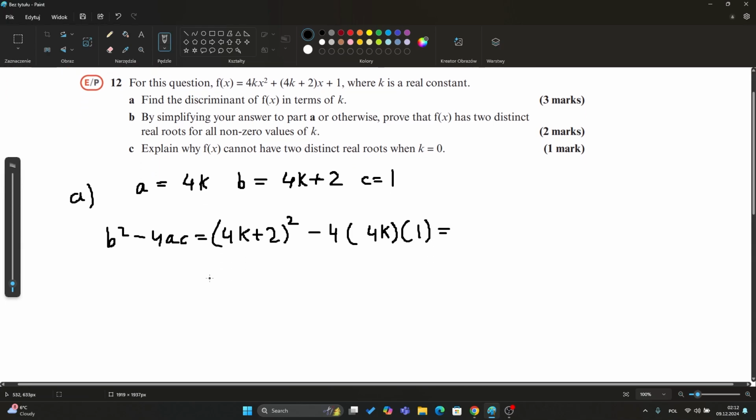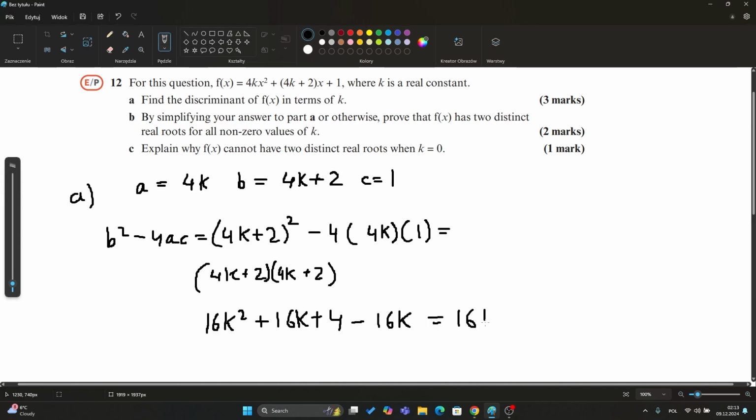And now we just work this out, so 4k plus 2 and 4k plus 2 multiplied together is 16k squared plus 16k plus 4, minus 16k is going to be 16k squared plus 4.